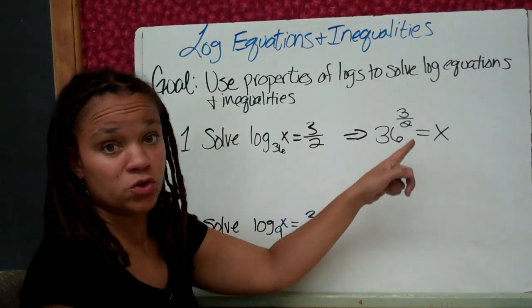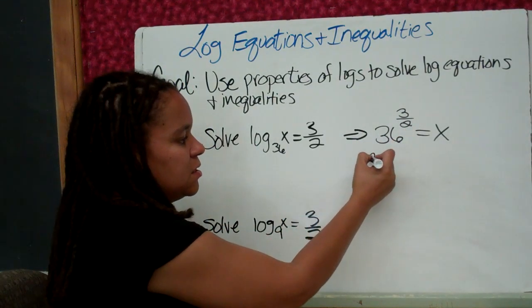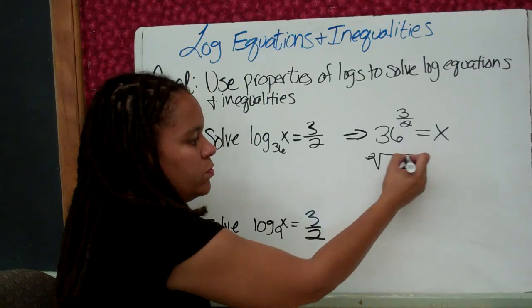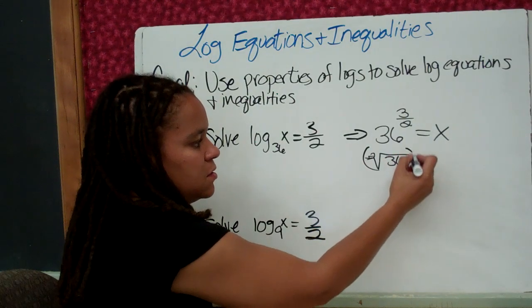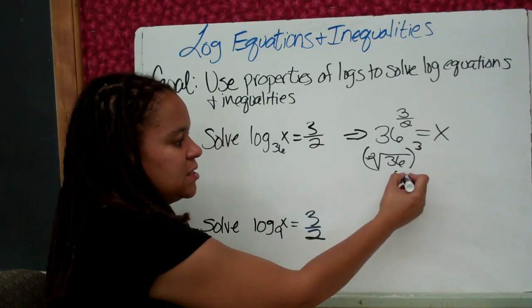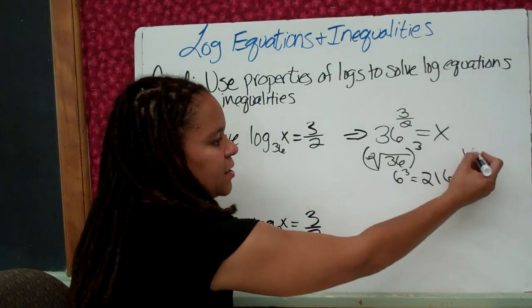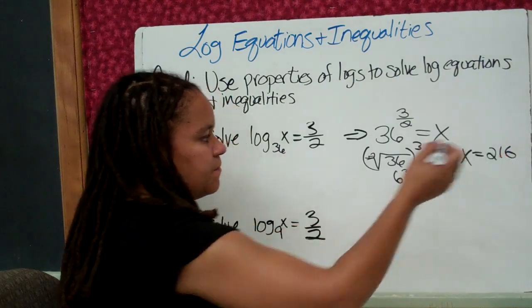Remember, the denominator becomes the index, so this is the square root of 36 cubed. The square root of 36 is just 6, and 6 cubed is 216. So x is equal to 216.